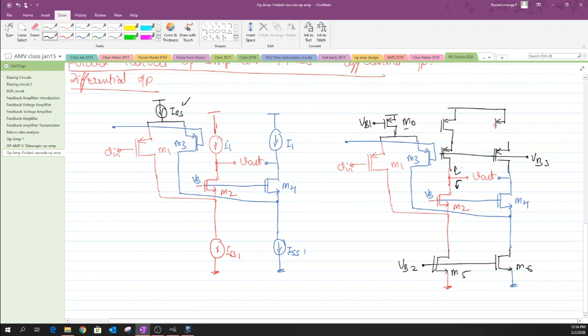So again, we use a PMOS device that has been biased in the saturation regime to reflect the I1 transistors, and let us fix this as VB4. Okay, and let us label these PMOS transistors as M7, M8, M9, and M10. Okay, and this one is connected to a power supply VDD.